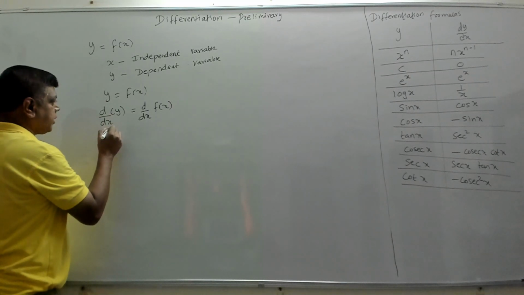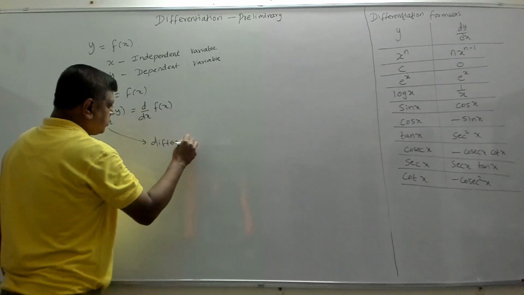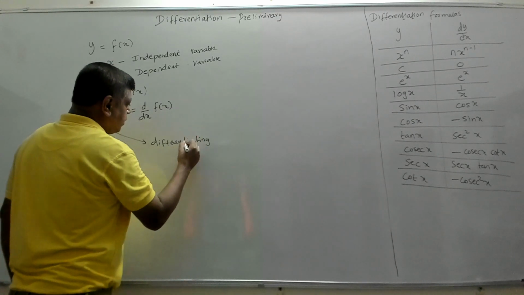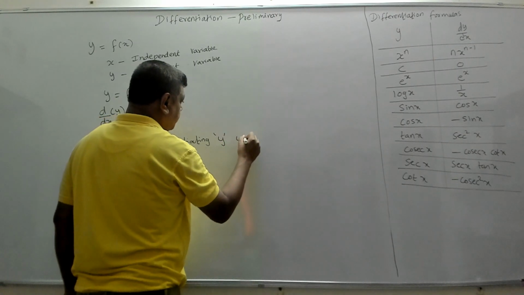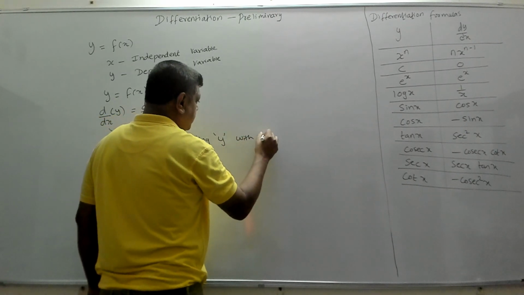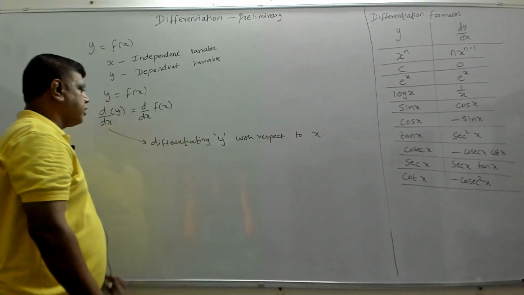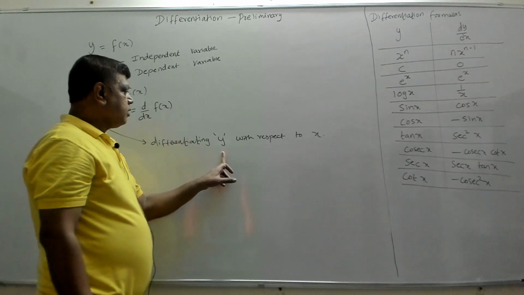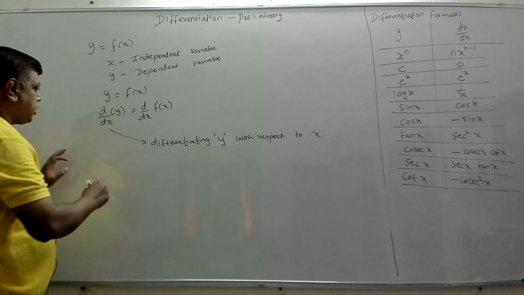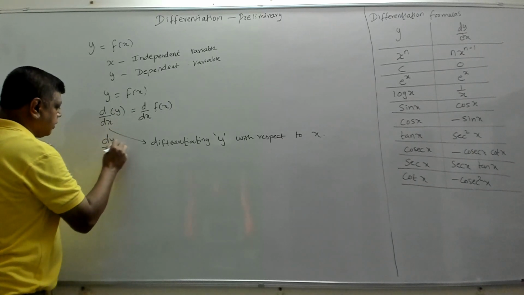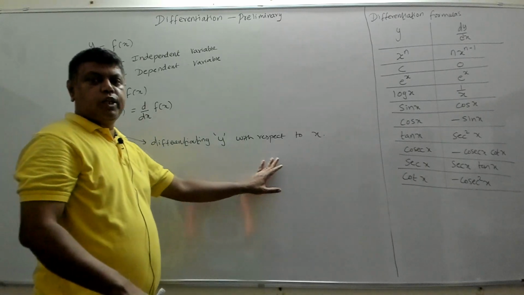This is read as differentiating variable y with respect to x. That is denoted as dy by dx. We also write it as dy by dx, which means differentiating y with respect to x.